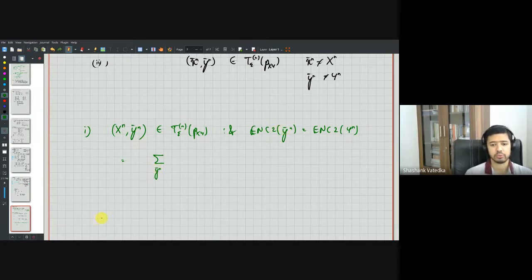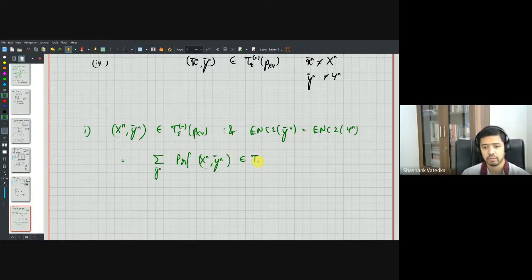So you will take the sum over all possible yn bar of the probability that xn, yn bar are jointly typical, epsilon n of pxy, and the encoder encodes yn bar to the same code word as yn, the true yn.